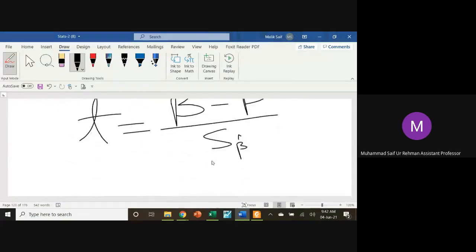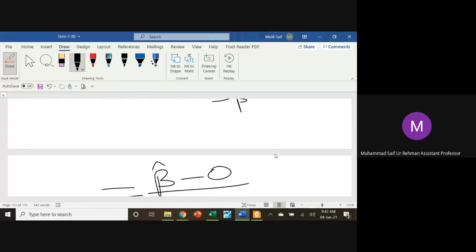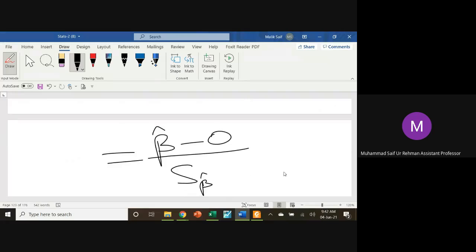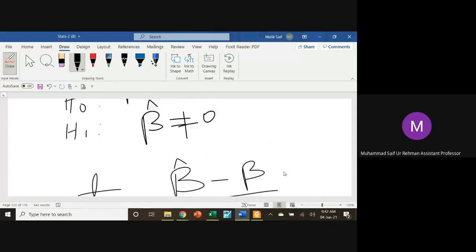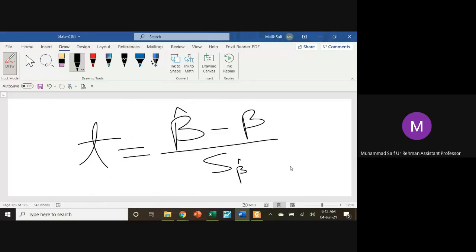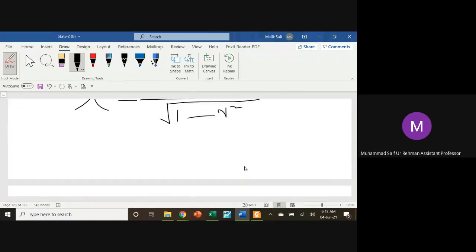And if you have the value for S beta hat, then you will be able to find out the calculated value for T. And once you find out the calculated value for T, you will be able to compare it with the critical value that you may find out from the T distribution table. So the degree of freedom will be the same, n minus 2, because in this case there are two variables, x and y.